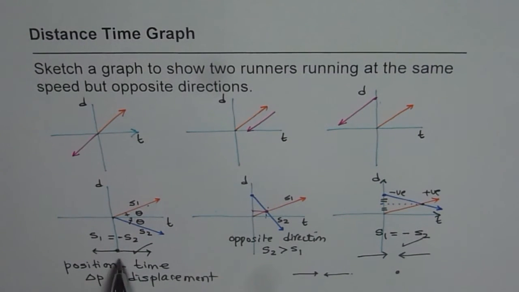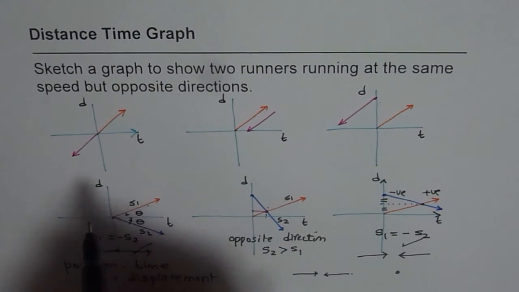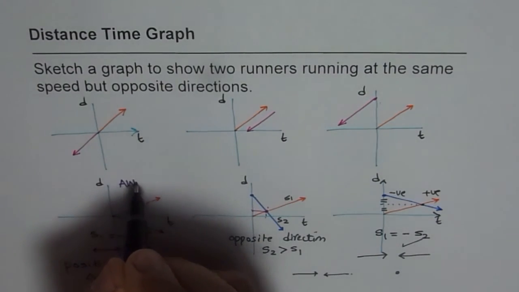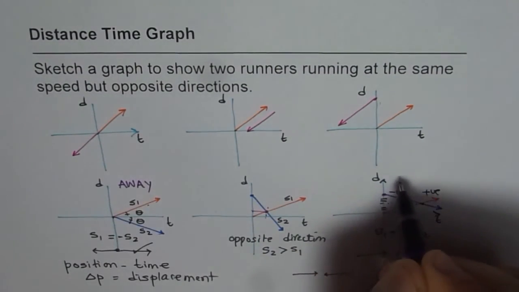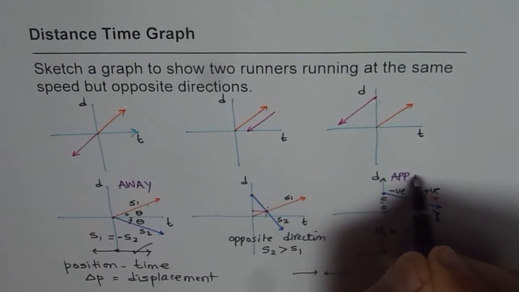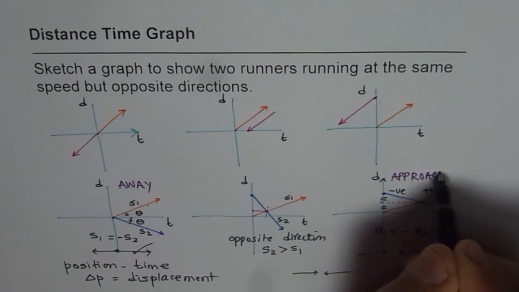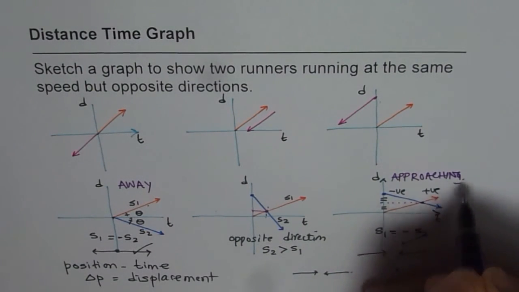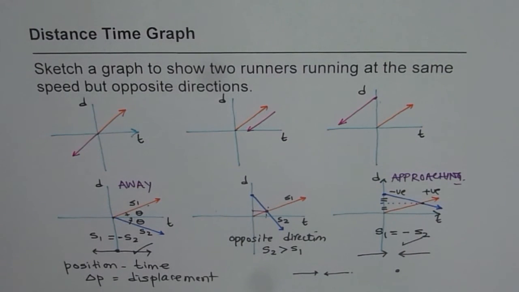So these are two different cases. In one, we are running away, right? This shows running away. Let me write. And here we are approaching. But both represent same speed and opposite direction.